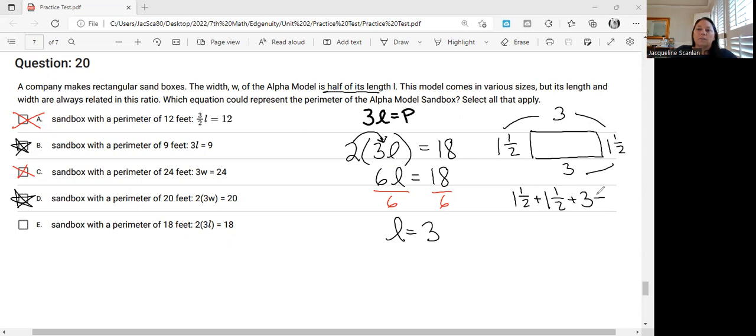And ladies and gents, I'm not even going to do this math because I know that if I just add my whole numbers, 1 plus 1 is 2. 1/2 plus 1/2 is 1 whole one. 3 plus 3 is 6. 2 plus 1 is 3. 3 plus 6 is not 18. It's only 9. So our target here of getting 18 didn't work. Therefore, E is incorrect. So the 2 correct answers are A and C.